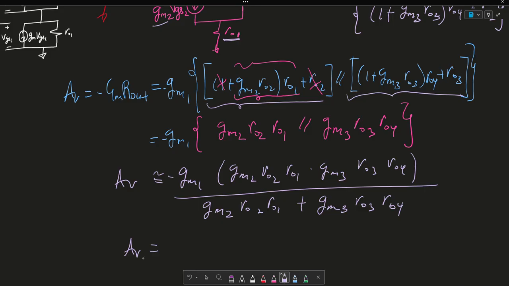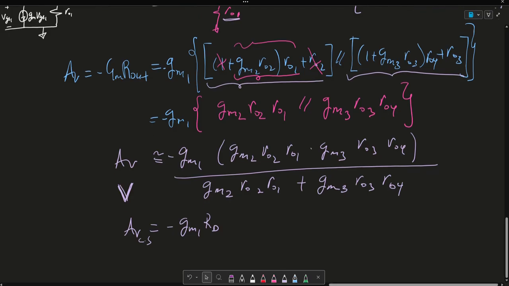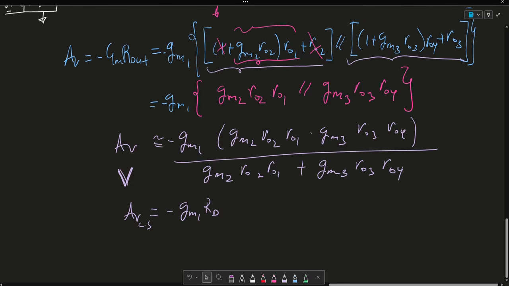But the AV gain of a common source is simply minus GM1 RD. If you do the math, if you plug in some values for GM1, GM2, and all your R's, this is going to be bigger. So I'll put a greater than sign here. Or to be completely transparent, AV cascode is greater than AV common source.